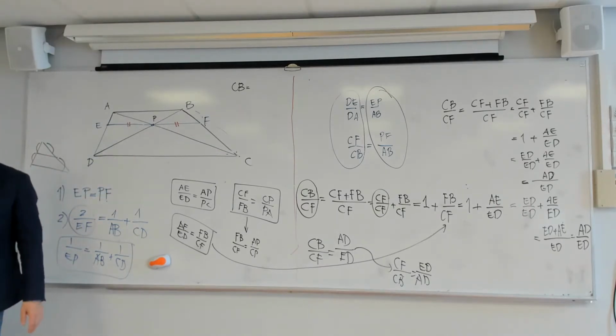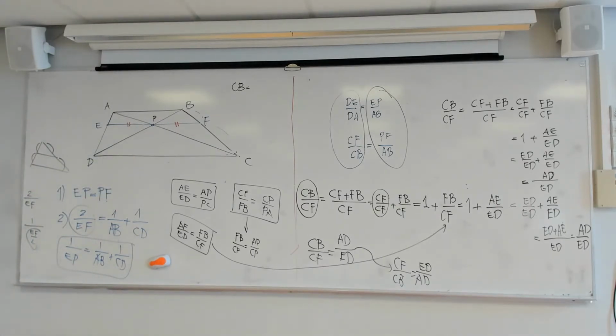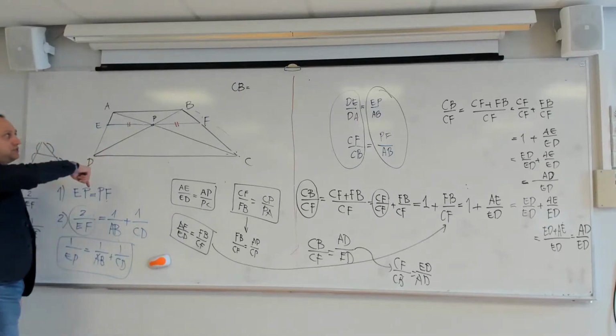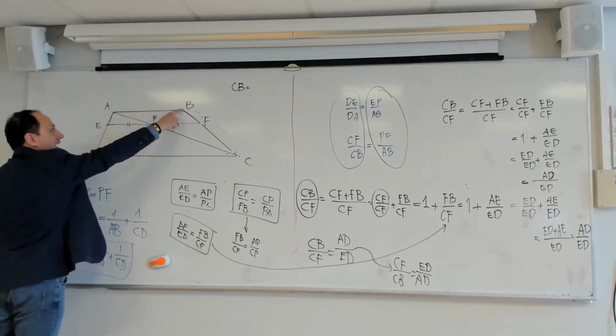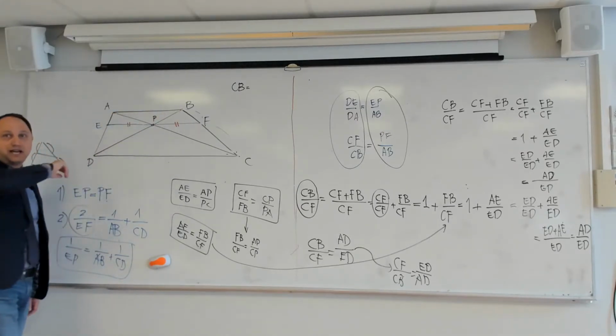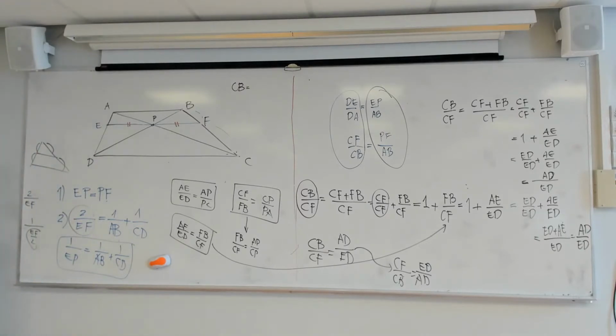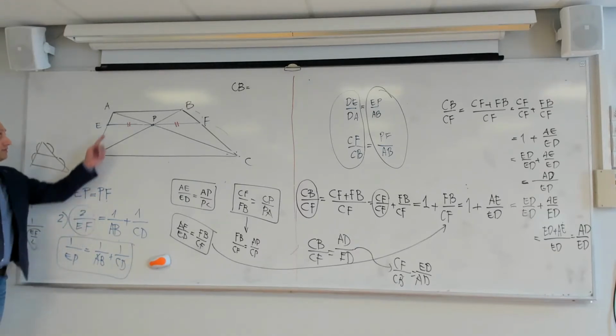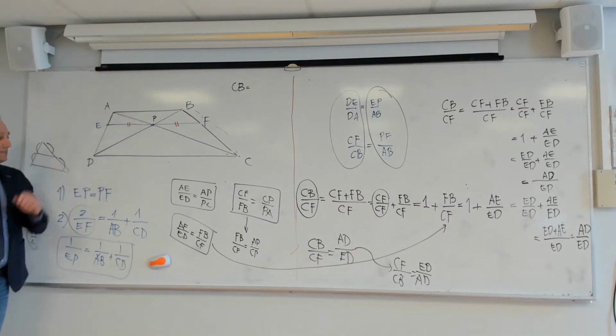This is called the harmonic mean. Remember, the length of EF we discovered today is the average of these two, which is called the arithmetic mean. This means that EP is a harmonic mean between the two bases.